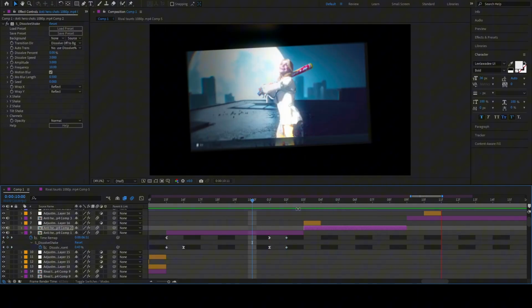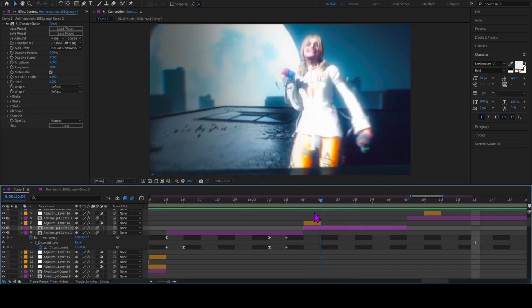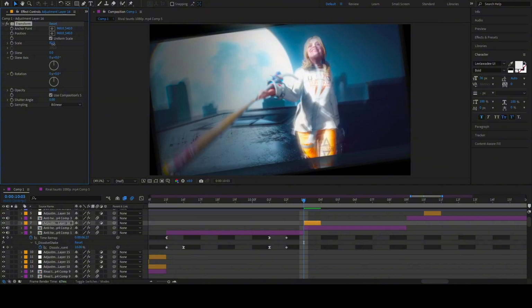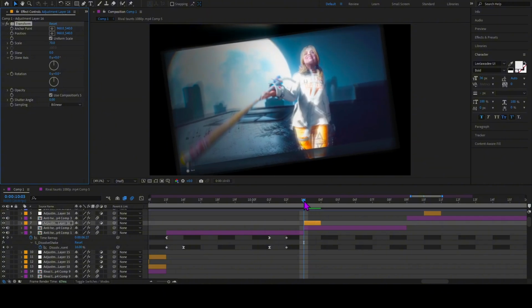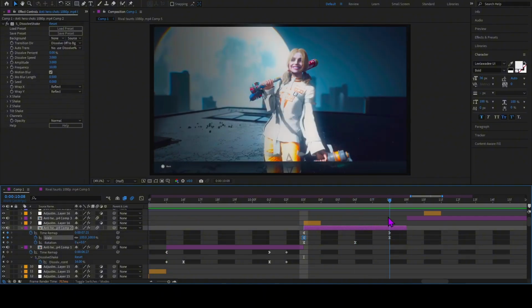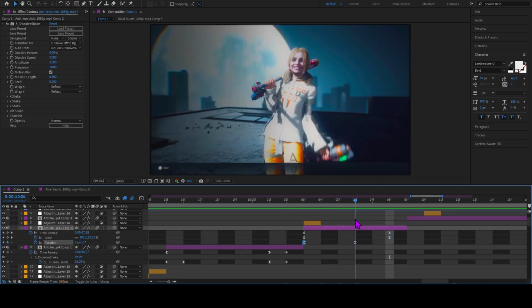But see, that's all it does. You just zoom it out, right? Just zoom it out, and then you add your scale and rotation. The value for this is -8, and then it goes on to 0. Right? You don't want it to be too long, you know what I'm saying?